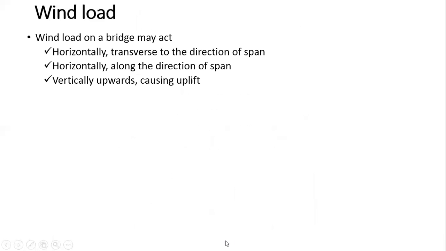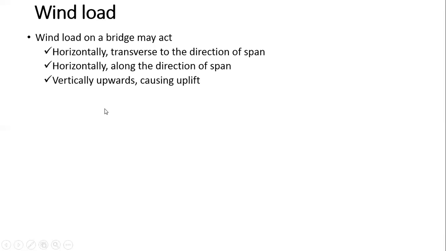Now come to the wind load. Wind load may act horizontally, transverse to the direction of the span, meaning in the direction perpendicular to the movement of the train. That is called your transverse load, the wind load acting in the transverse direction. It also acts in the longitudinal direction along the span, which is small as compared to this one.